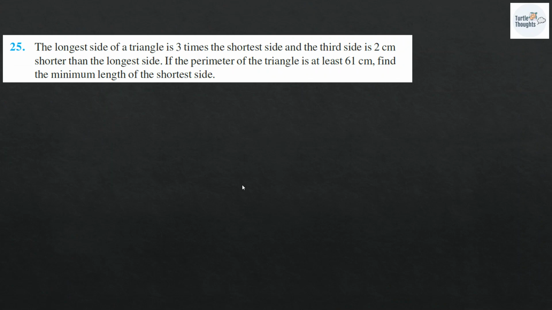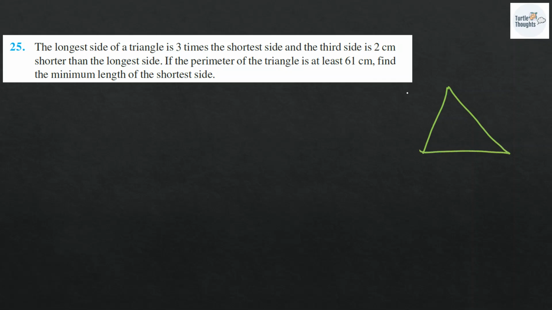This one is based on triangles. The longest side of a triangle is 3 times the shortest side, and the third side is 2 centimeters shorter than the longest side. If the perimeter of the triangle is at least 61 centimeters, find the minimum length of the shortest side. So let me start by drawing a triangle this way, right?